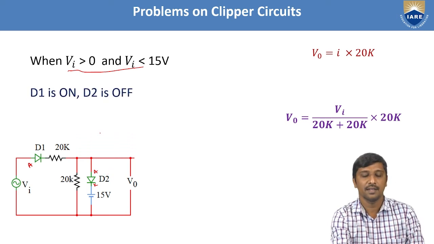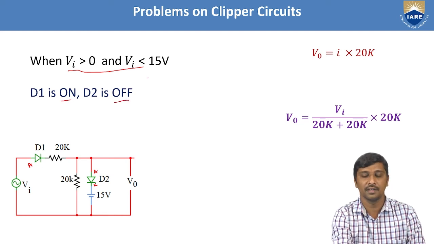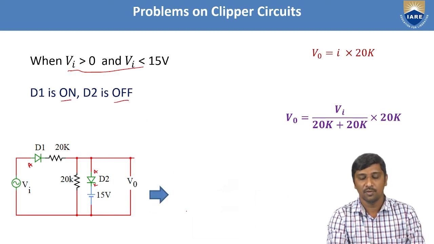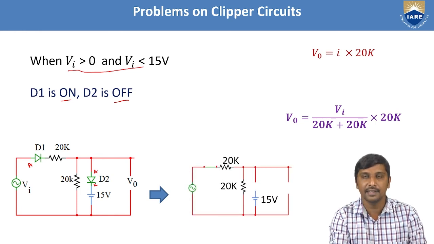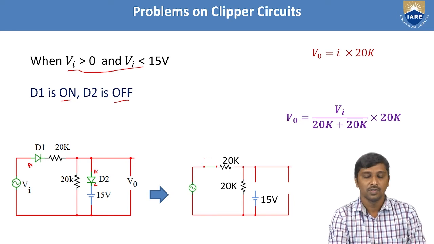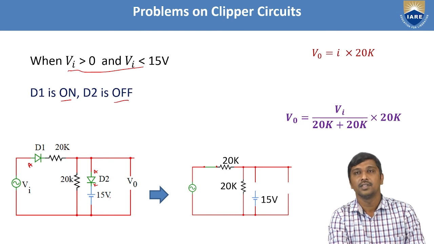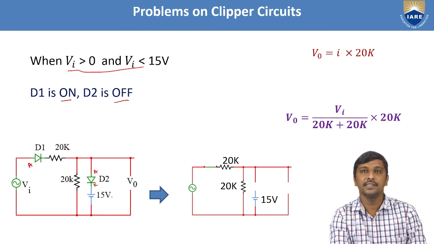So I represented it like this: D1 is on, D2 is off under this condition. Now we'll see what happens in the equivalent circuit. Here I assumed both diodes as ideal diodes. Ideal diodes mean that if the diode is forward biased, it is simply replaced with a short circuit.